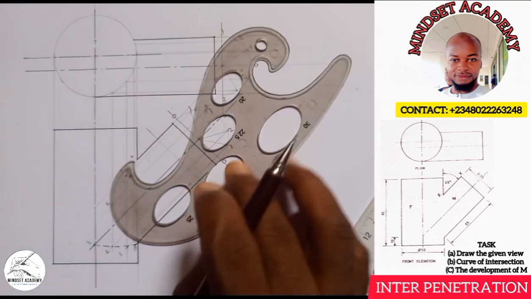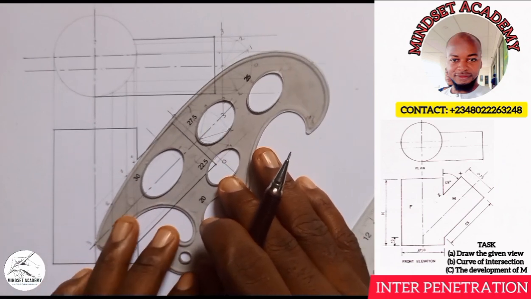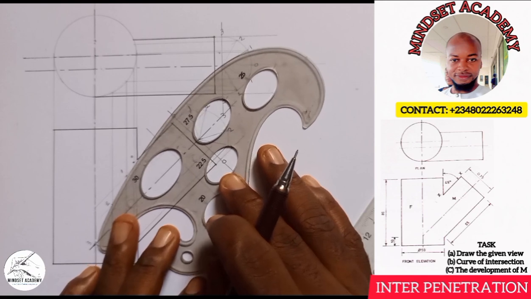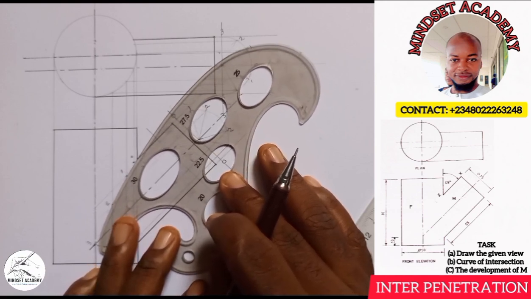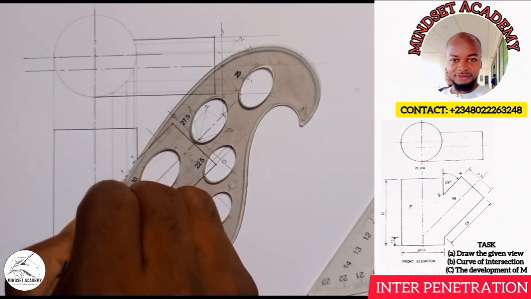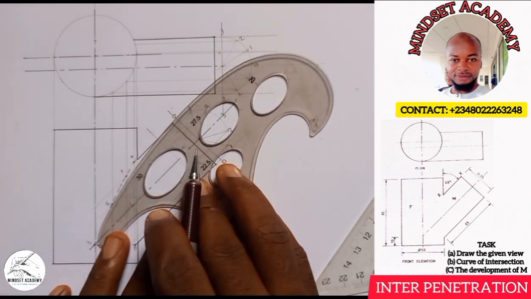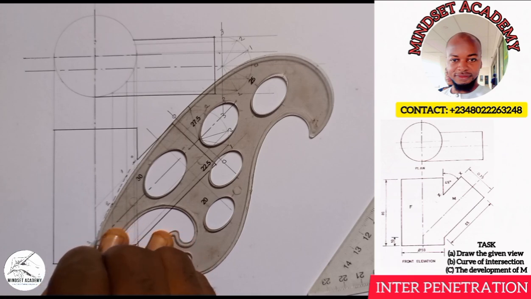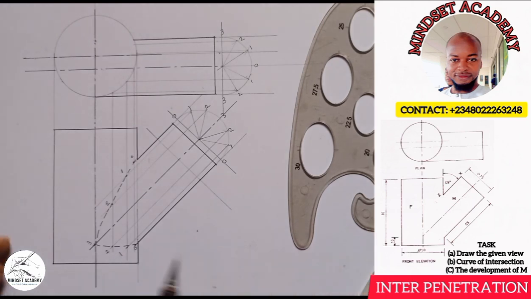Can you see that? And the other one is coming like this. Dash, dash, dash, dash, dash, dash, dash. So dashes. This is what we have, the part you cannot see.